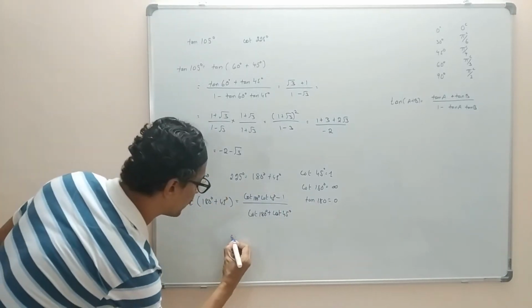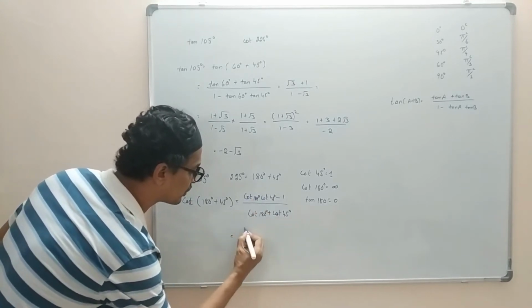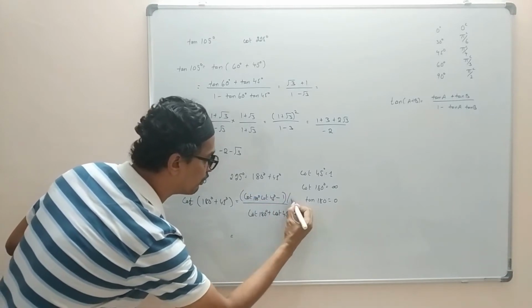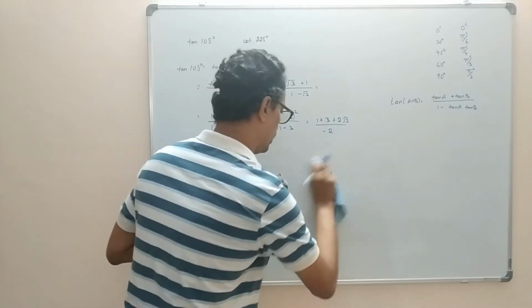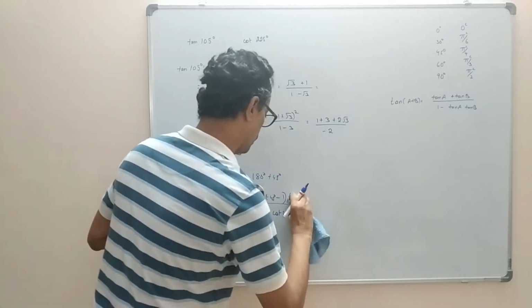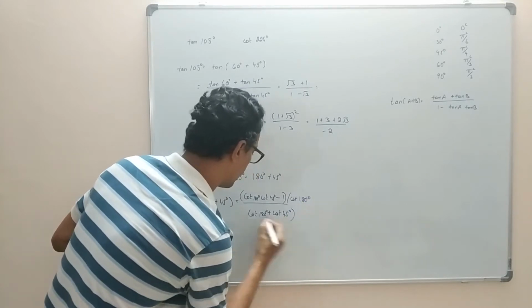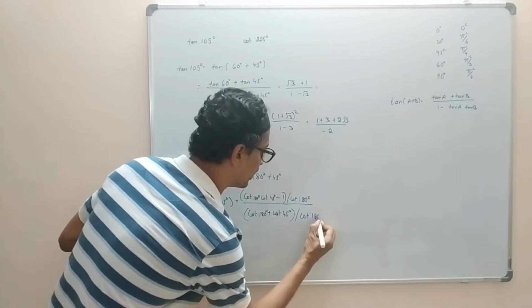So if I divide above and below by cot 180, here also I am going to divide by cot 180.